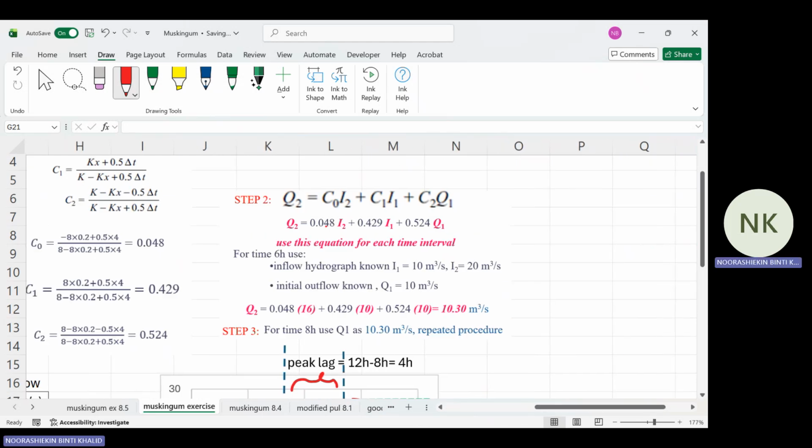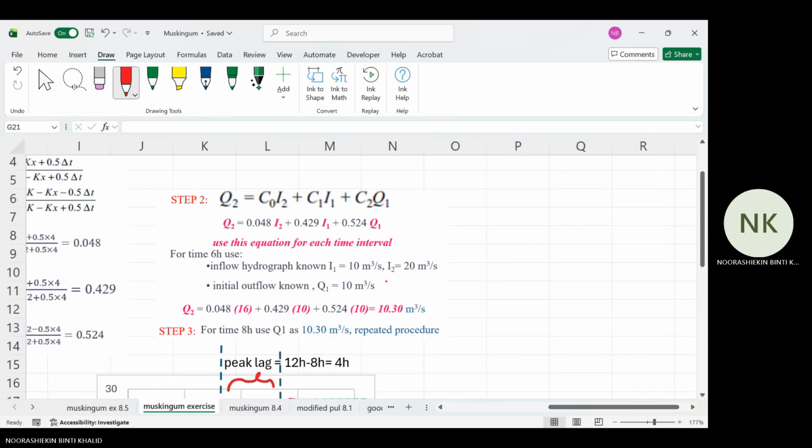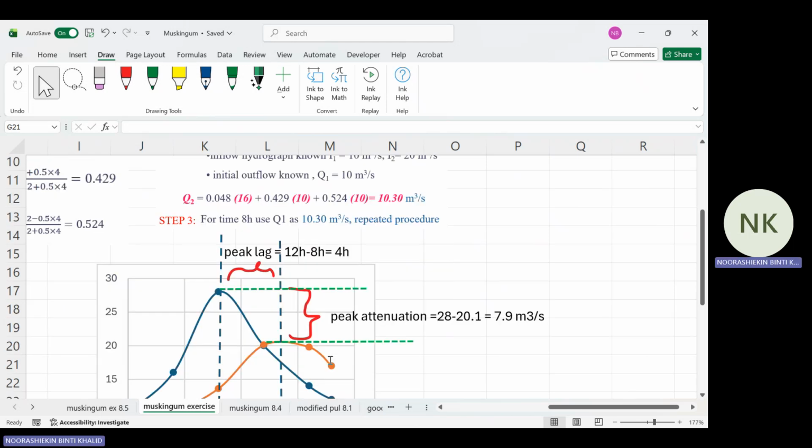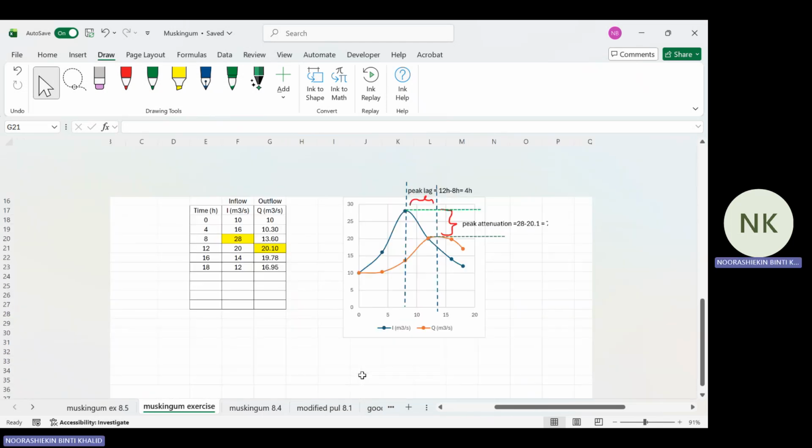Put into the equation. Right. Q1 use this 10 meter cube per second. This one Q1. Then you got 10.30 meter cube per second. Okay. Put into the equation. So I build up.